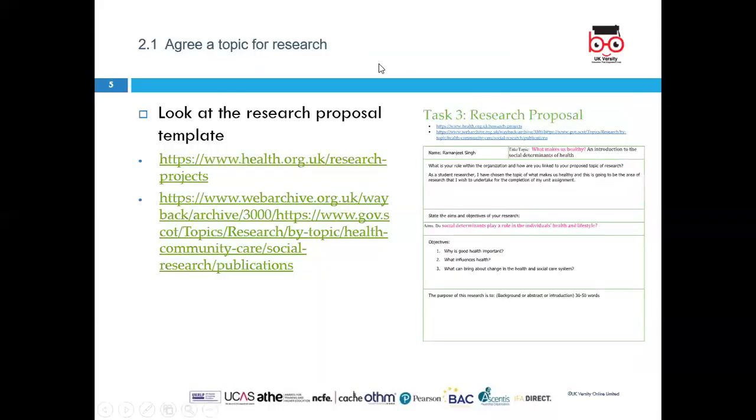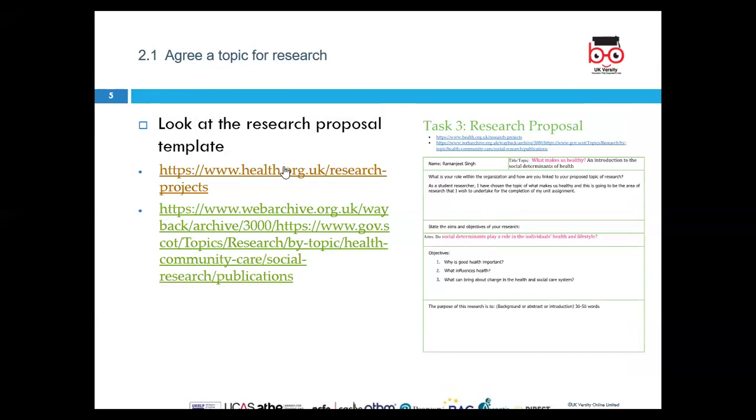So if we're talking about a topic for research, we can have a look at this research proposal. How do we make a research proposal? If I open this up for you, I hope you can see my screen.